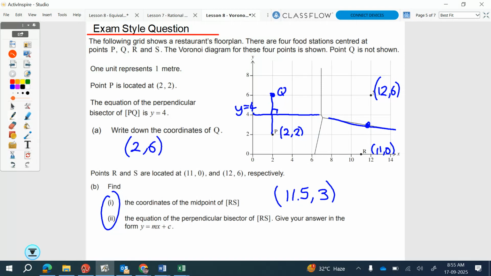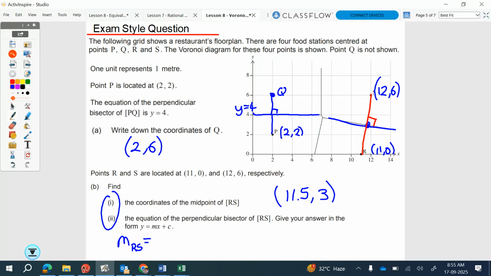that would be the line. Perfect. So what he said was, we do have 2 points here, and we do know there's a right angle there. So we can find the gradient of RS first, and use that to find the gradient that we need. The gradient of RS, I'll use the subscript RS to say this is that gradient, not the one that I want.